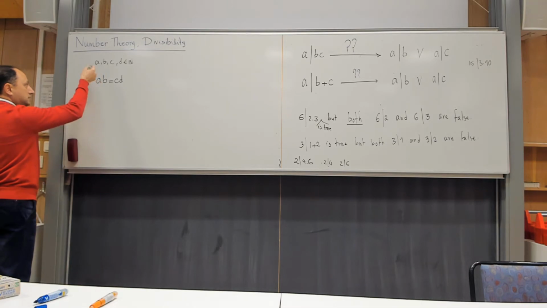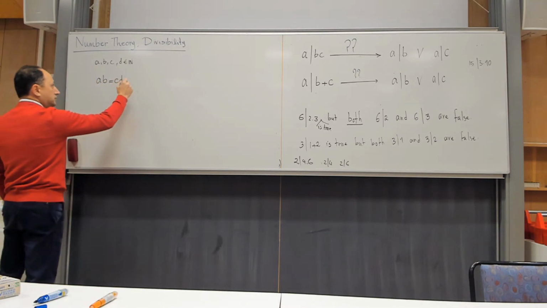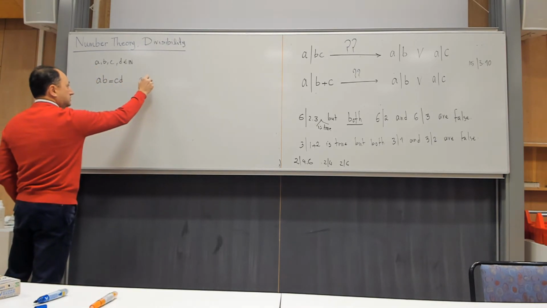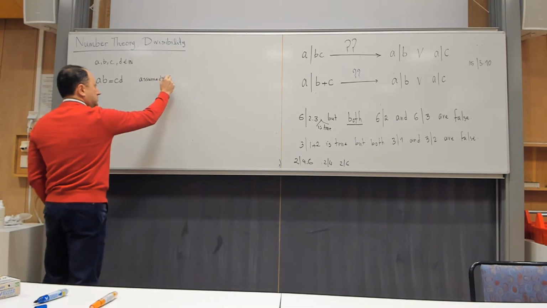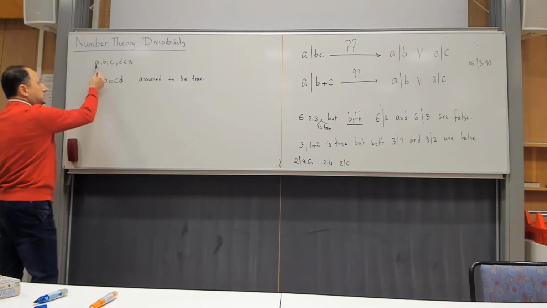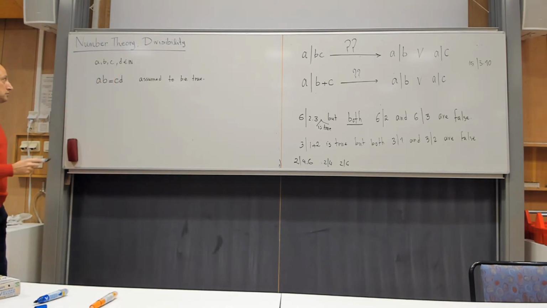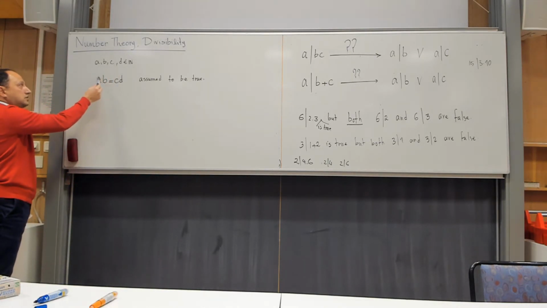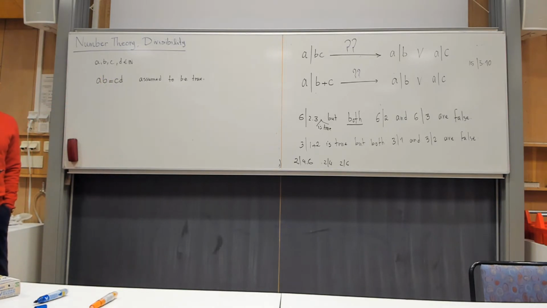So assume that this is given and this is true. Assumed to be true. Do I know these numbers individually? No. But I know whatever they are, A times B is equal to C times D. Yes, I am assuming that this is true.